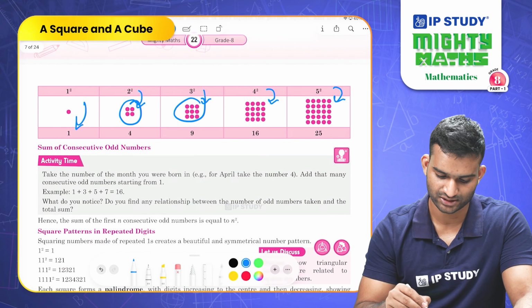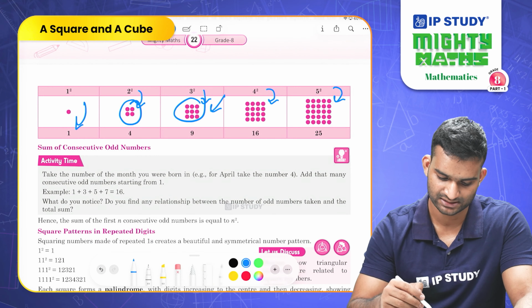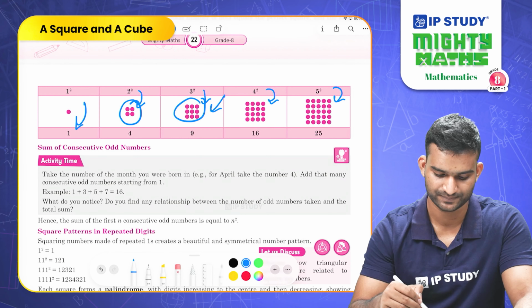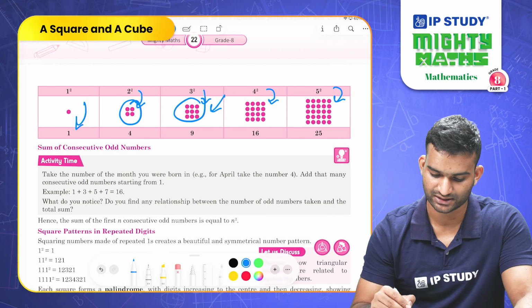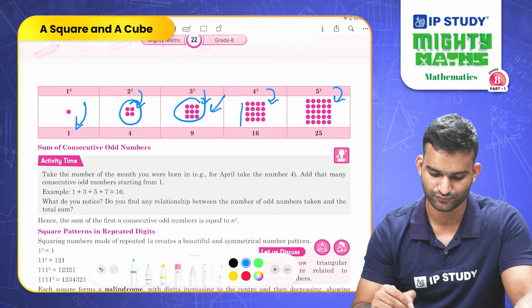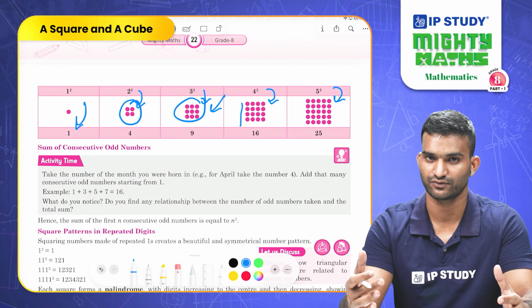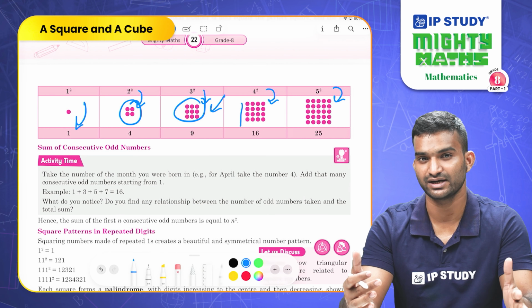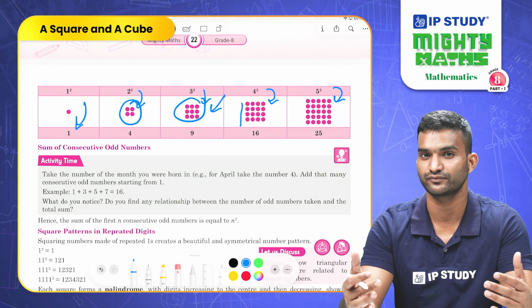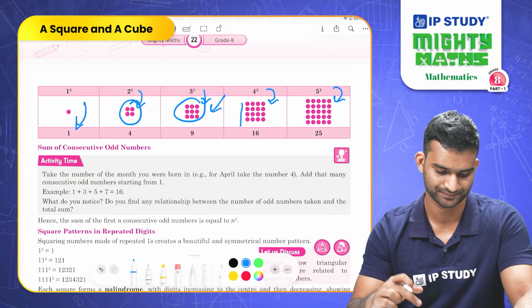Like we can see, for example, if we take the number 3, its side contains 3 dots. And if we take the number 4, its side contains 4 dots. So whenever we take any shape represented in the form of dots, that side of the dots represents the number for which we are taking the square.